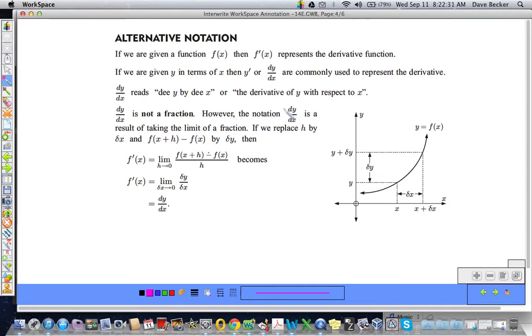What it means is the derivative of the function y with respect to x. So those are the two most common notations, f prime of x and dy dx. Actually, there's a third. If the function is given in terms of y, sometimes you'll see y prime. All of those stand for the derivative.